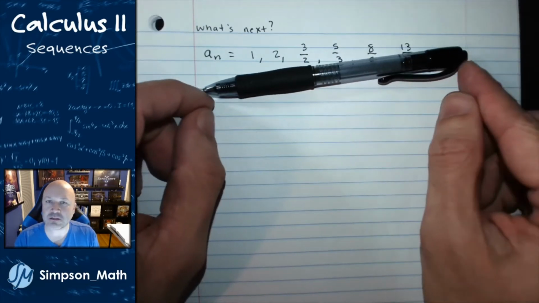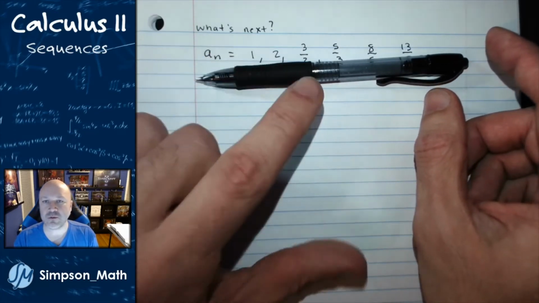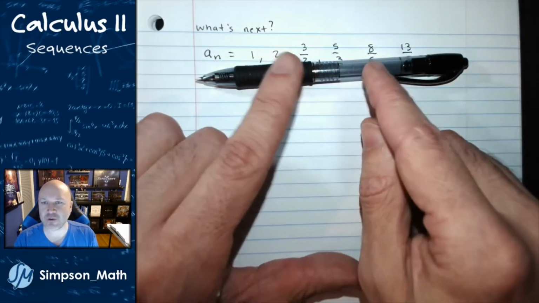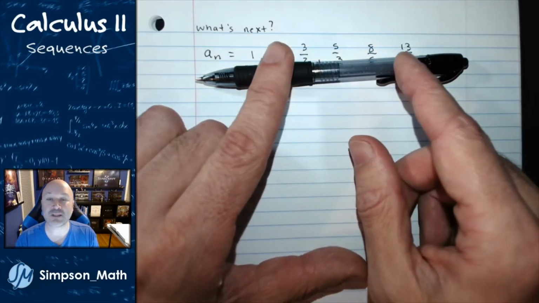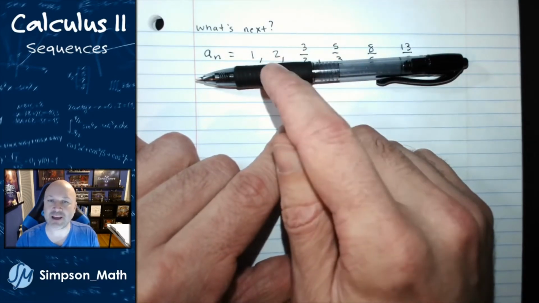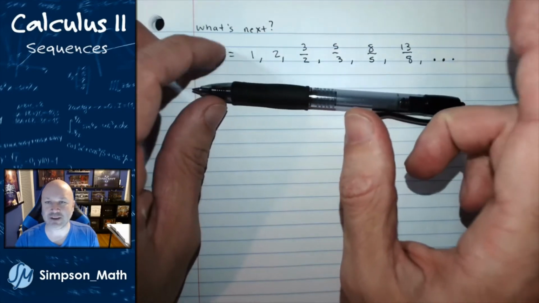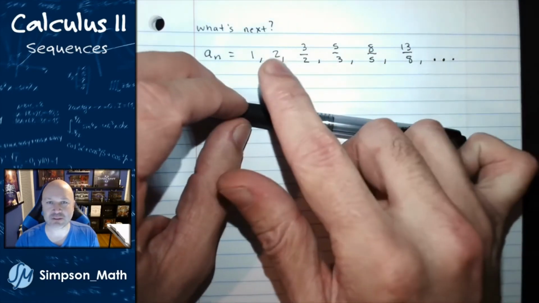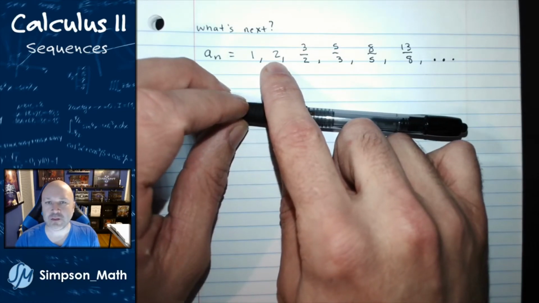Let's look at the top numbers here. 1, 2, 3, 5. Okay, the 3, 5, 8, 13. That should be kind of familiar. We just talked about the Fibonacci sequence. So if I add 1 and 2, I get 3. If I add 2 and 3, I get 5. So these numerators are just the Fibonacci sequence, starting at 1 and 2. The denominators.